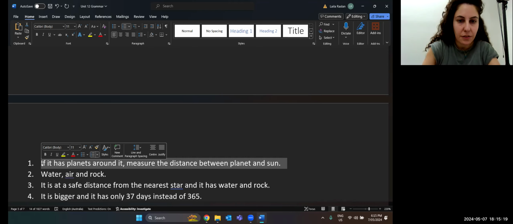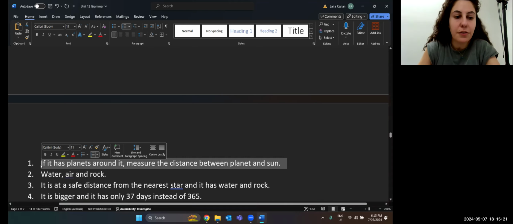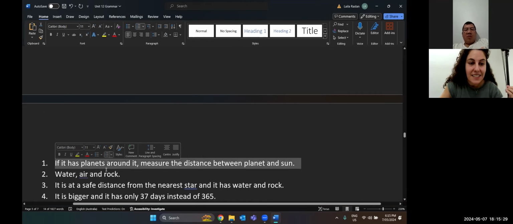So what do they look for? Sorry, they look for if it has planets around it. So when they find a new Earth, a new place, they see if there's planets around it, and then they measure the distance between the planet and the sun.